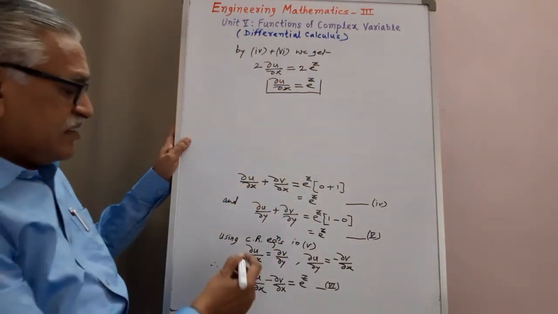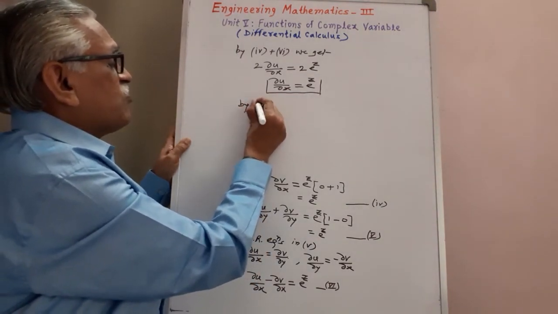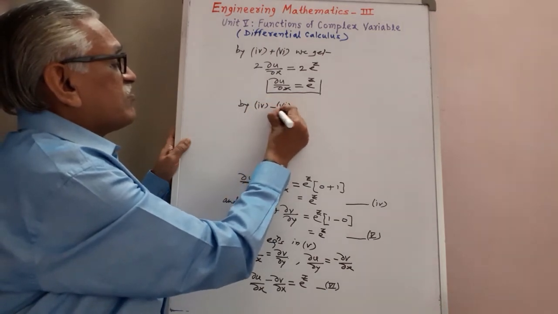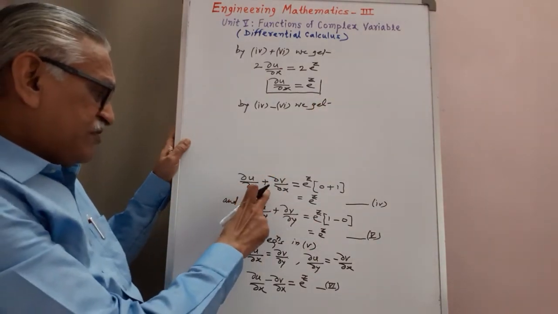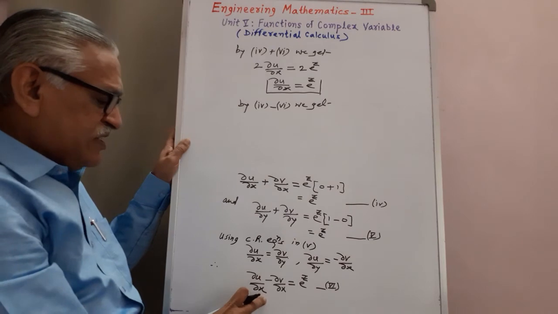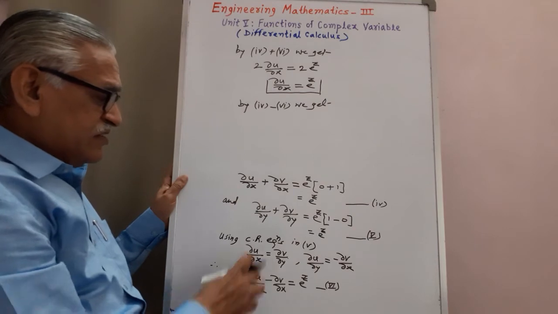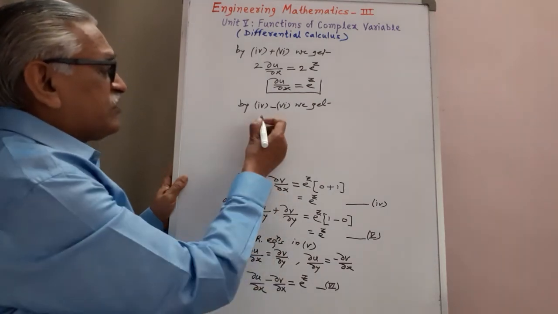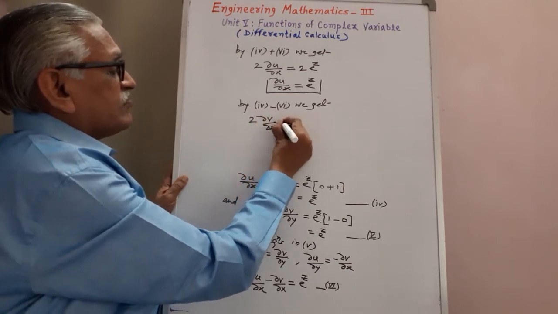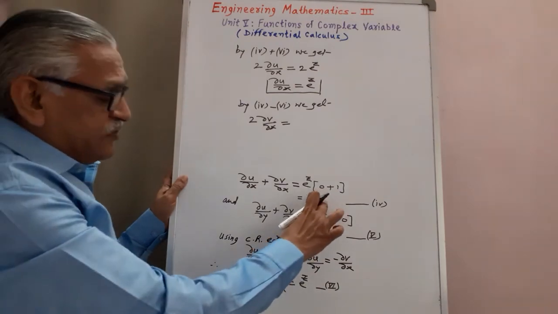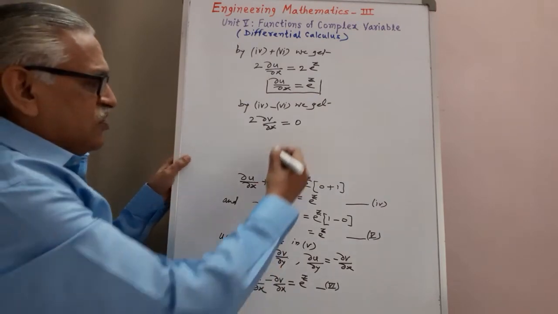Okay, and then by 4 minus 6, we get: from equation 4 we have to subtract equation number 6, and therefore dou u by dou x gets cancelled, and we have dou v by dou x plus dou v by dou x, which is 2 times dou v by dou x, and e raised to z minus e raised to z gives 0 on the right-hand side.